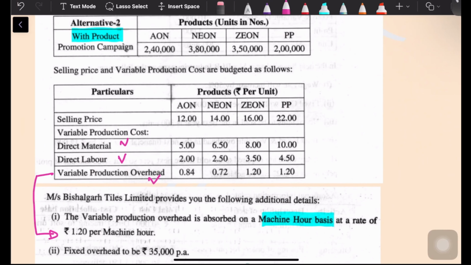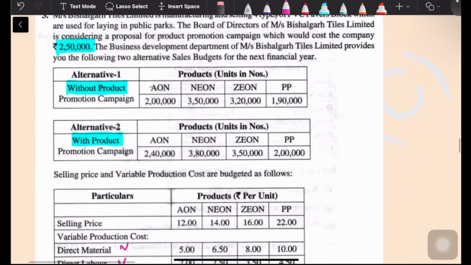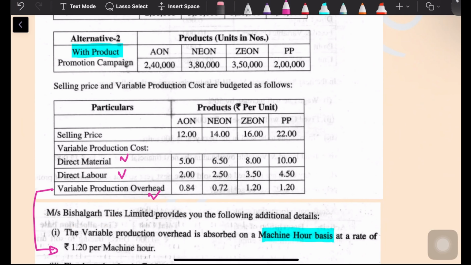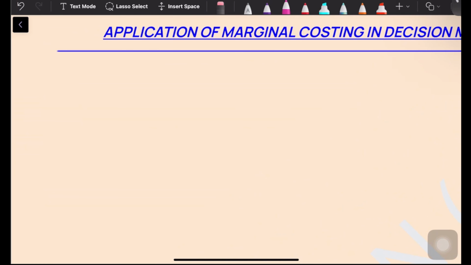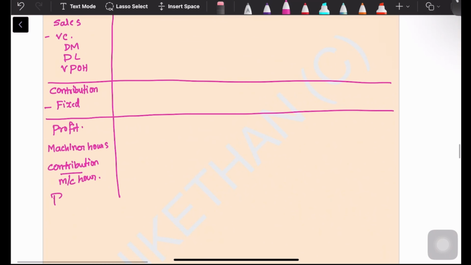So now first we will prepare the statement of marginal cost without the product promotion campaign. That is the existing scenario. You will have 4 columns. You will have to prepare a template like this, where you will have 4 products. Up to profit is your normal. Then after profit, we will find out machine hours and also contribution per machine hour. Then ranking.